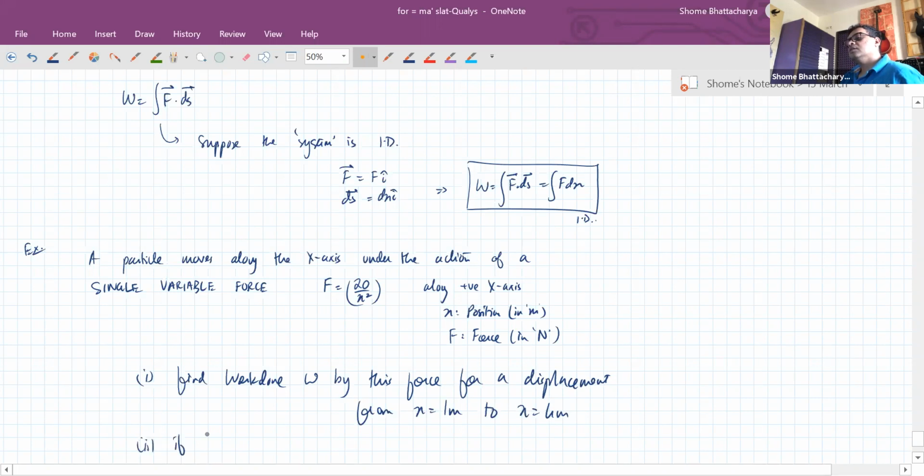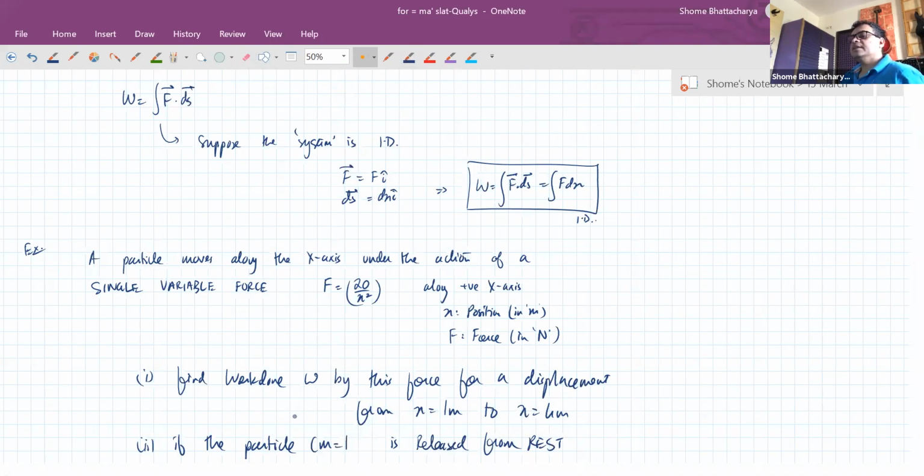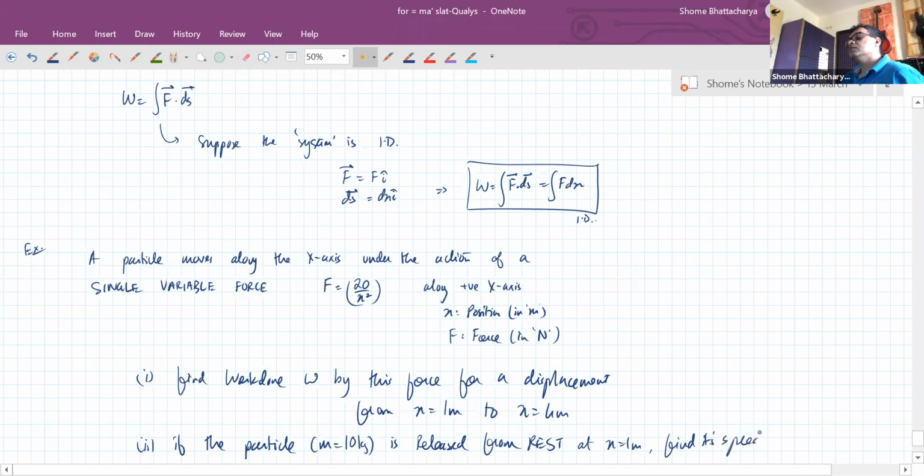Secondly, if the particle of mass, let's say 1 kg, is released from rest, we'll make the mass 10 kgs. So the 10 kg particle is released from rest at x equal to 1 meter, then find its speed at x equal to, let's say, 16 meters.